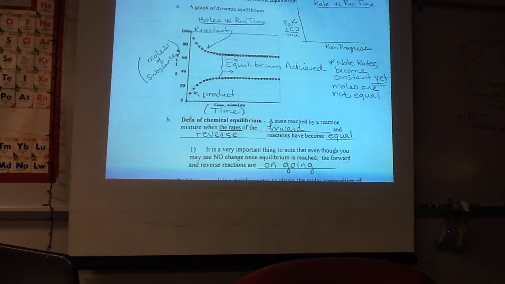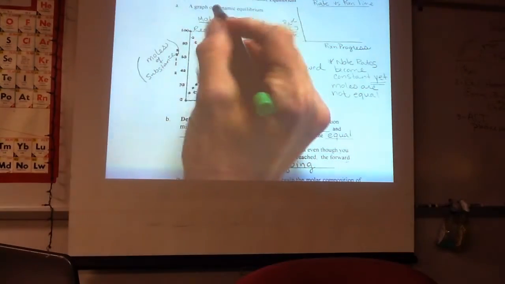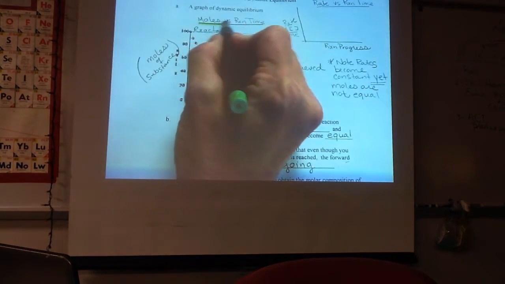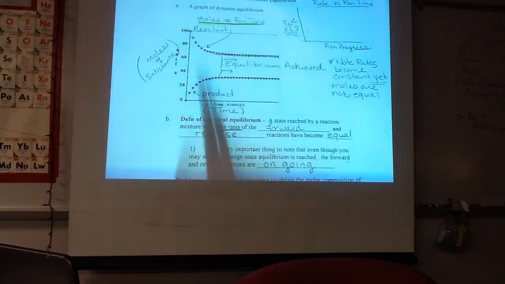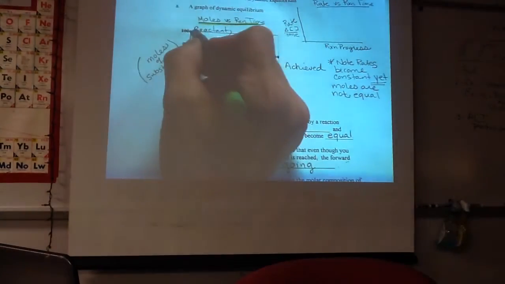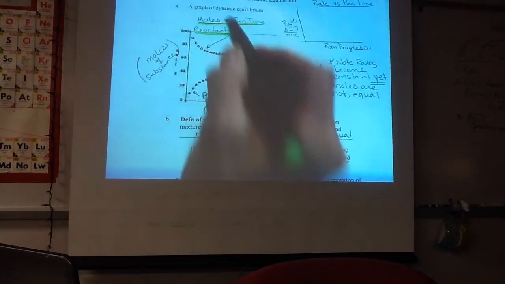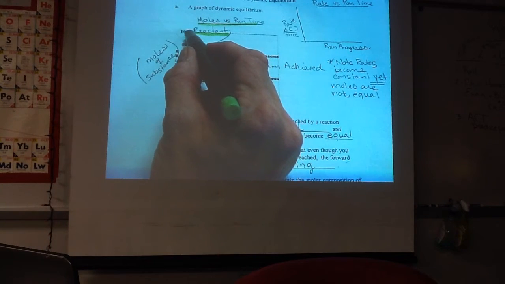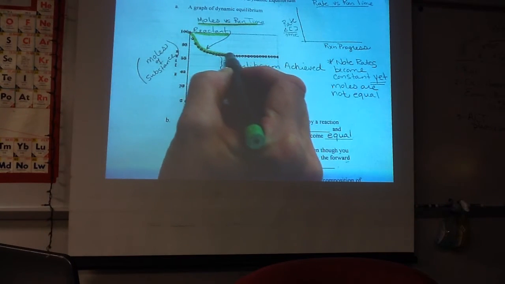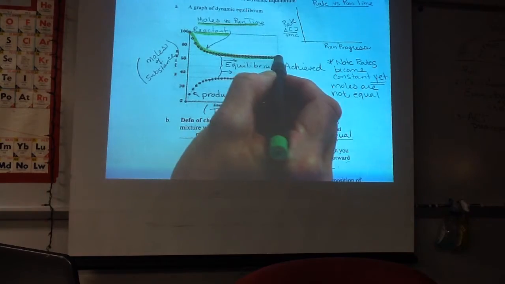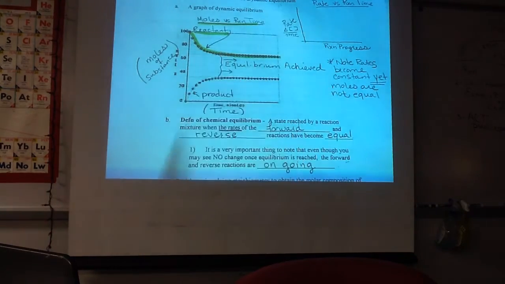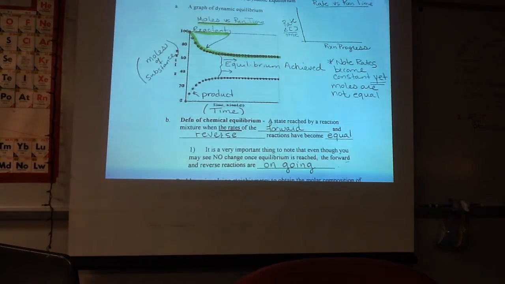All right? So if I were to just do a little bit of highlighting and I looked at moles versus reaction time, and I said, let's let the green line represent reactant. Well, you have 100% of your reactant, or however many moles. And once equilibrium is established, that's going to flatline or plateau out.